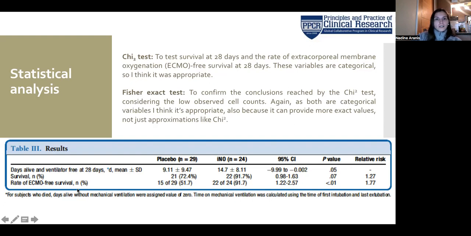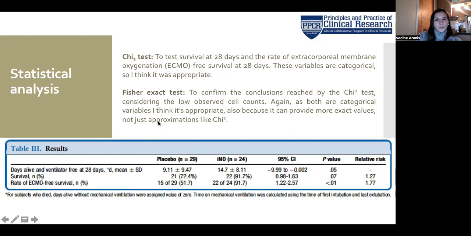To analyze the survival and the rate of ECMO-free survival, they used the chi-square test. And as these are both categorical variables, I think it was appropriate too. They show these variables in proportions or absolute and relative frequencies.